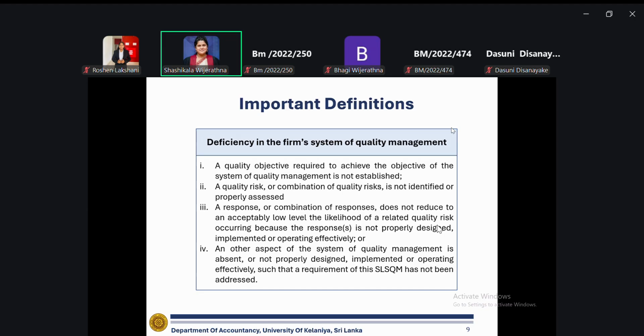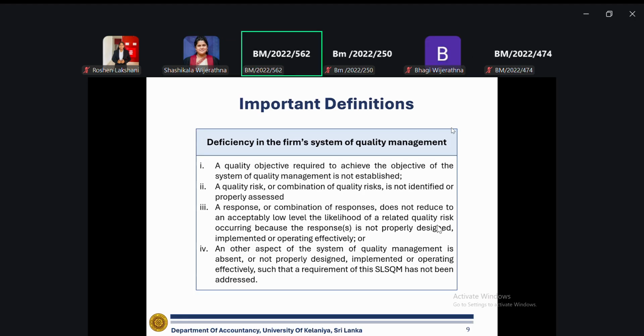Right. Inadequate, weakness. Okay. So simply, deficiency means there is inadequacy or weakness, a shortage in the firm's system of quality management.